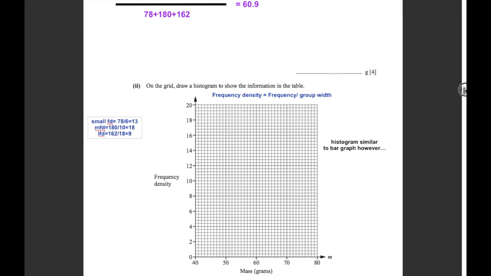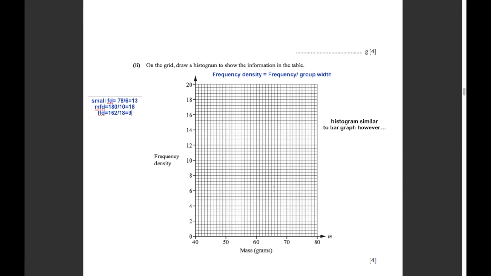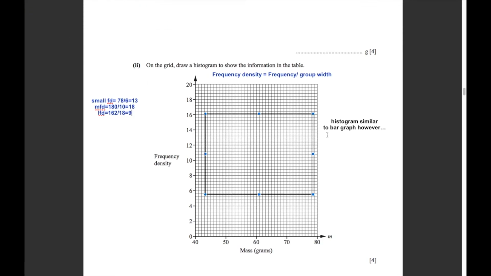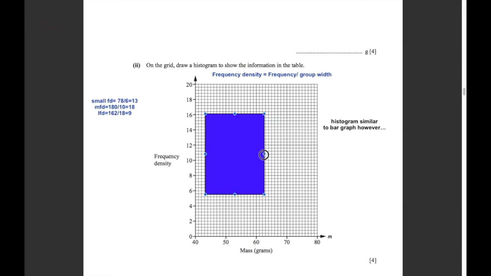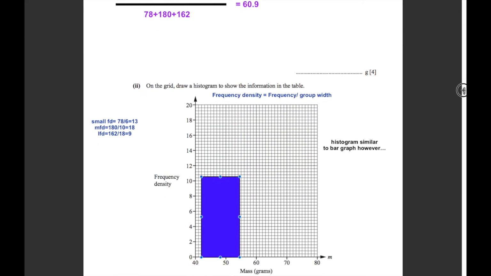And then the width is, well, this is the width. So that's going to be the width of this, which is, well, the mass, basically. So let's do that. I'm going to add some squares. Let's have it filled in so we can see it. Okay, let's do the small first. So the small ranges from 46 to 52.